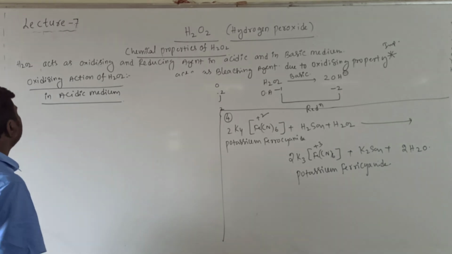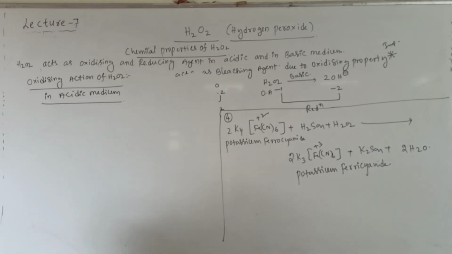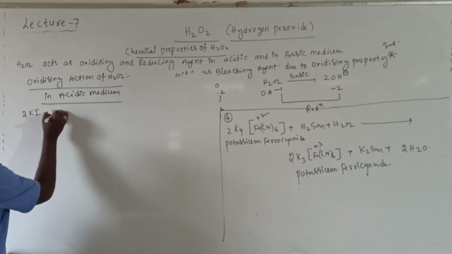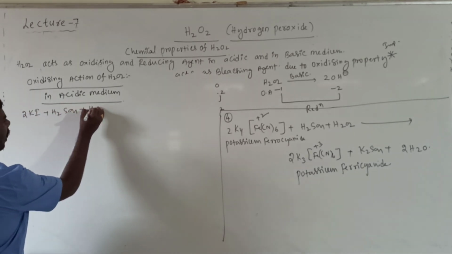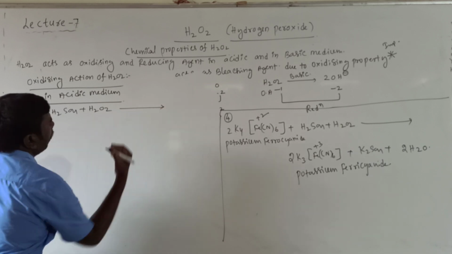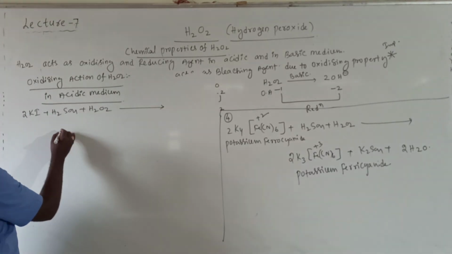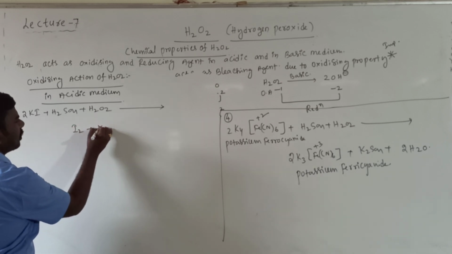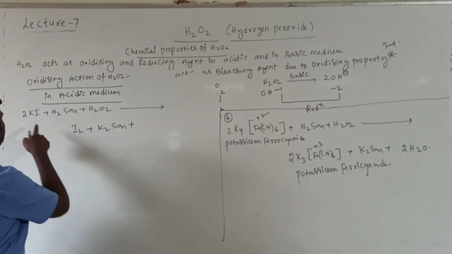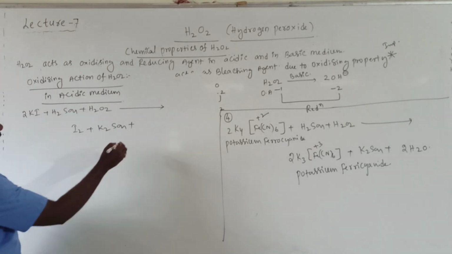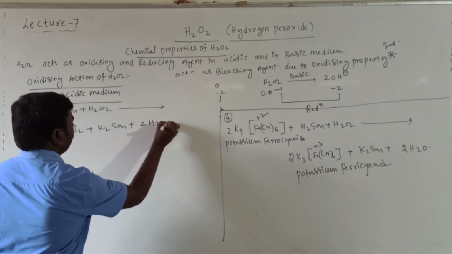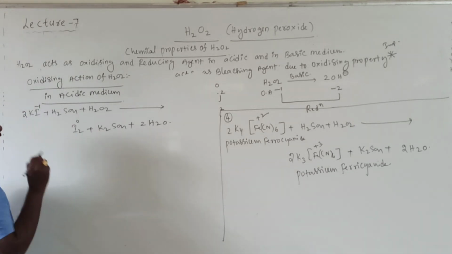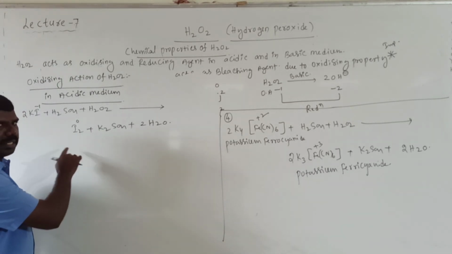Next, 2KI plus H2SO4 plus H2O2 is converted into I2 plus K2SO4 plus 2H2O. Just observe, I will be minus 1, I2 will be 0 because it is in elemental state.